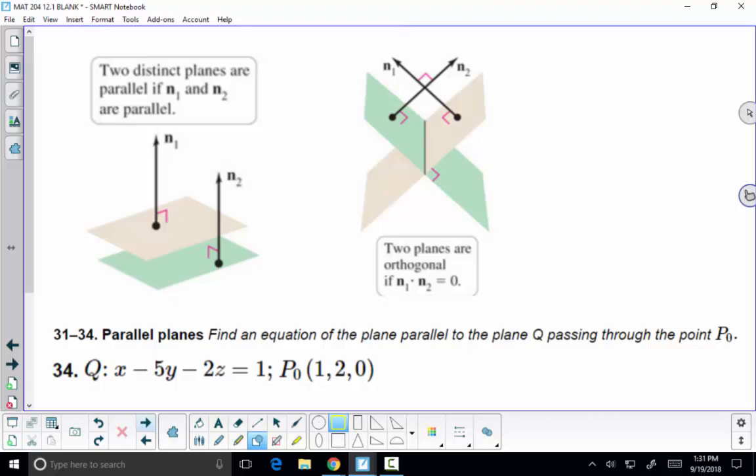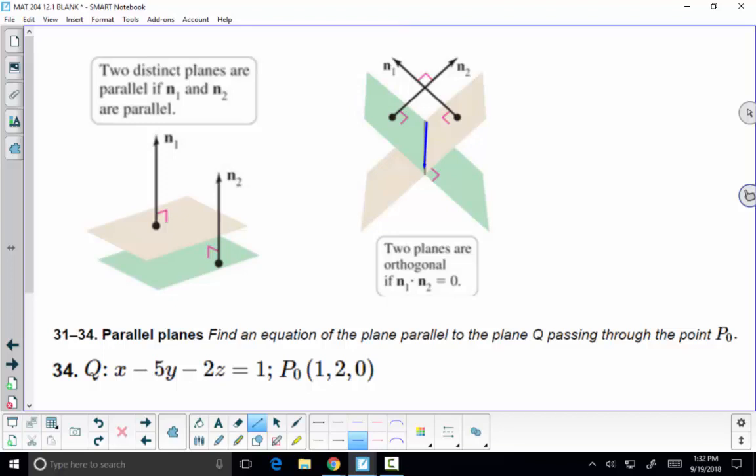But if they're not perpendicular, if they just intersect at a smaller angle than 90 degrees, what's true about the direction vector for the line of intersection? Cross product. If you take the cross product of n1 and n2, that is going to be equal to the direction vector for that line right there, correct?